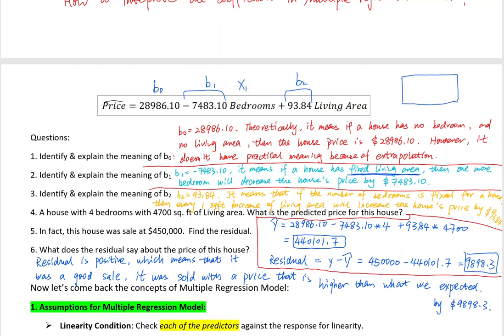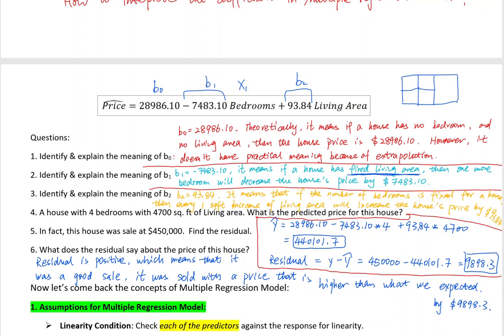Alright, and now, for example, you have 1, 2, 3 bedrooms, right? And then for another house with the same living area, you have 4 bedrooms. Which house would you prefer? For me, I will prefer the 3 bedrooms because I do not want the whole house to be full of bedrooms. There's no other free space, right?